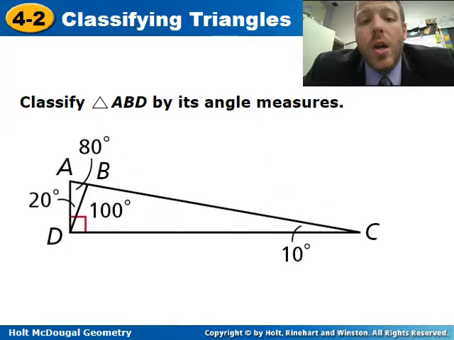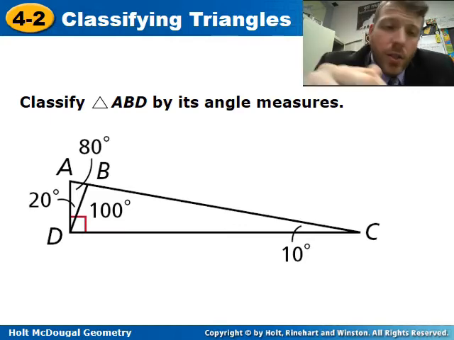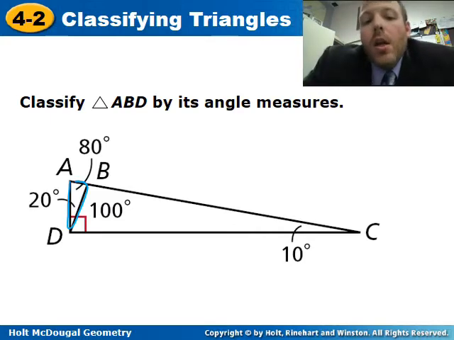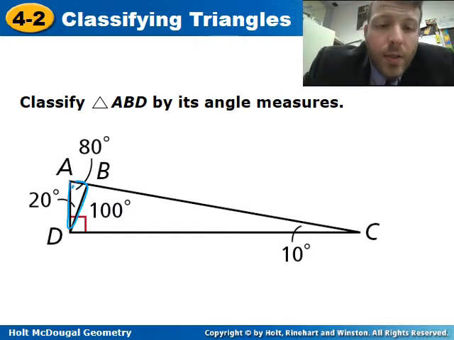Okay, for this example, we want to classify triangle ABD by its angle measurements. Let's go ahead and highlight that, triangle ABD. Now, 80 is pointing to this angle right here, and 20 is pointing to this angle here. We cannot just assume that this angle is smaller than 90. We have to figure out what it is.